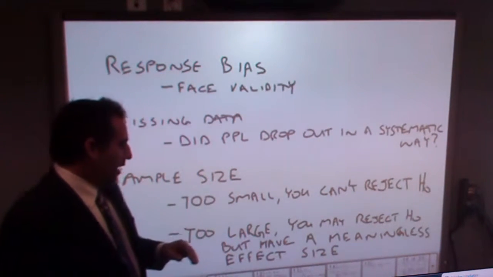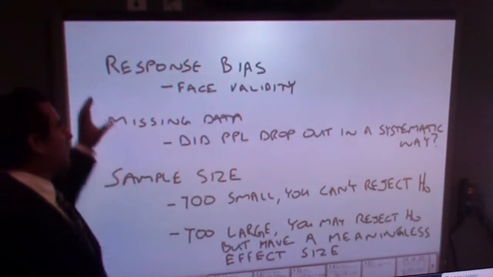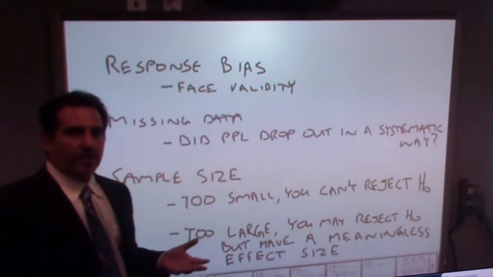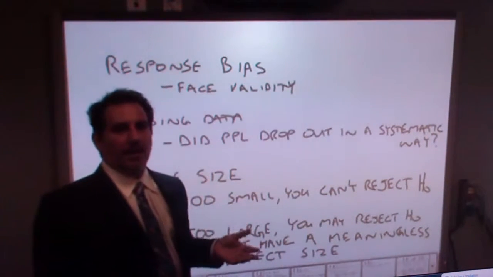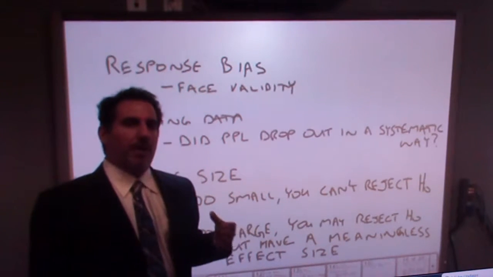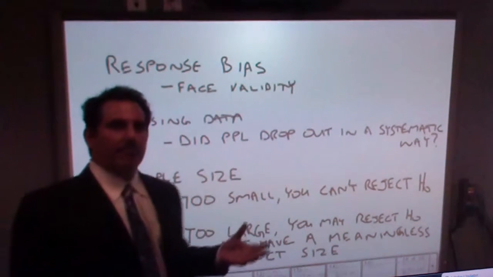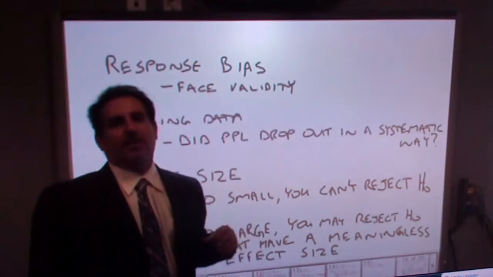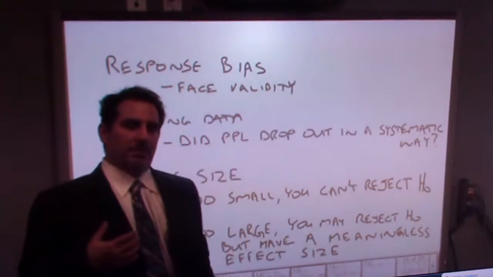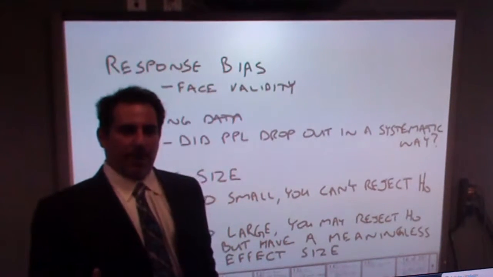Okay, another thing that needs to be considered is response bias. When people are being studied, they very often will be biased in the way they respond based on subtle cues from the experimenter and also their own wish to present themselves in a certain way.